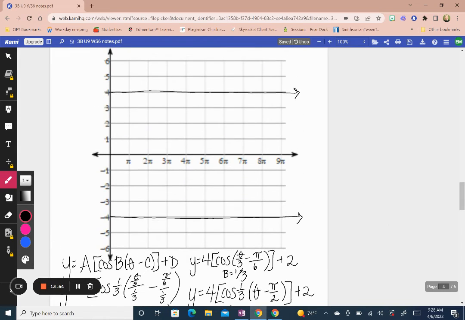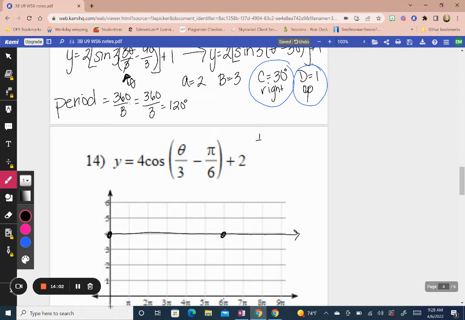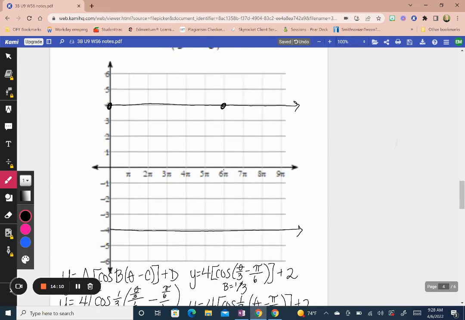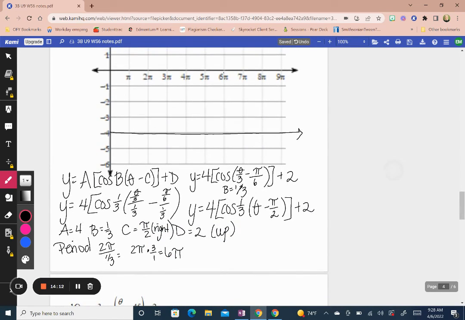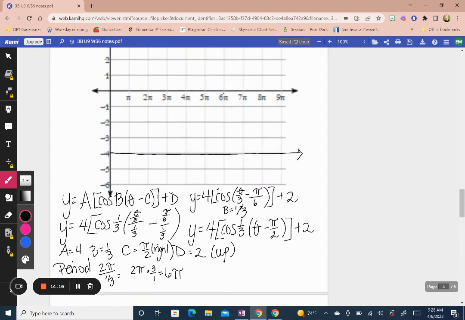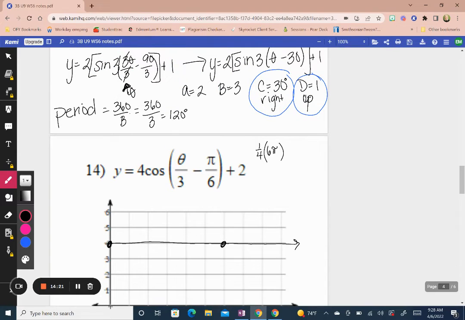What does that mean for cosine? Cosine means we start at the positive amplitude and we end at the positive amplitude. At 1/4 of the period, which is 6 pi, we're going to be at 0 for our y.